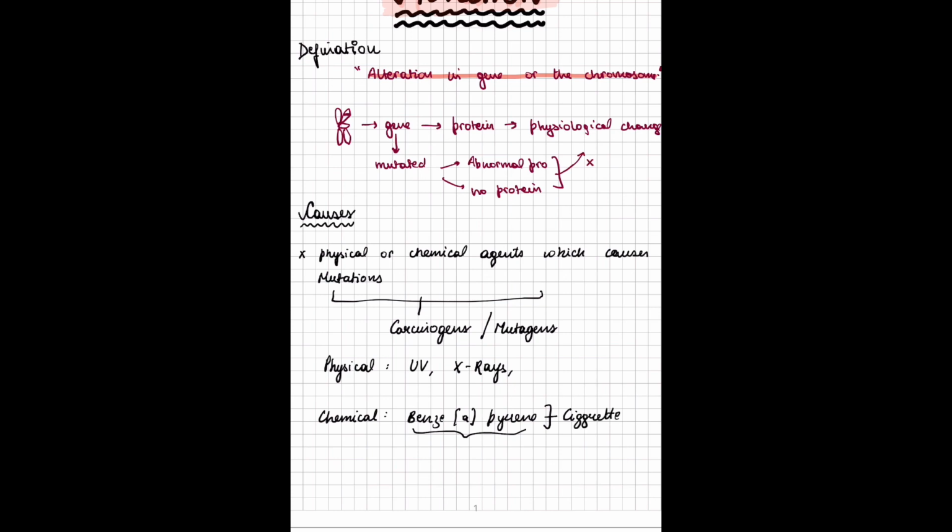So this substance causes mutation and thus can cause lung cancer. Similarly, if we talk about UV radiation, how does it cause mutation? It forms thymidine dimers. We know that DNA has thymine, so it will result in forming thymidine dimers.